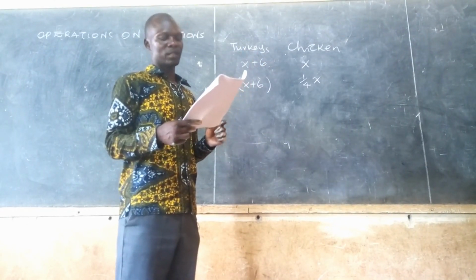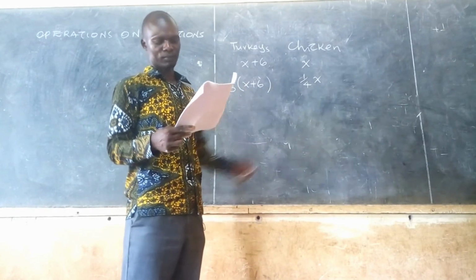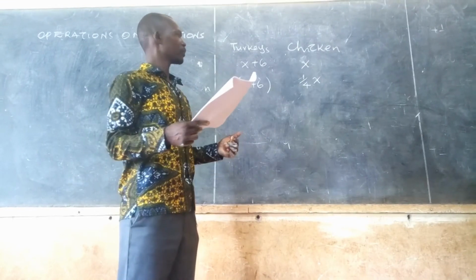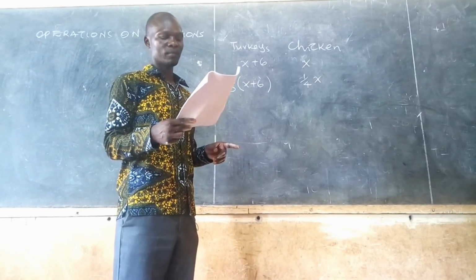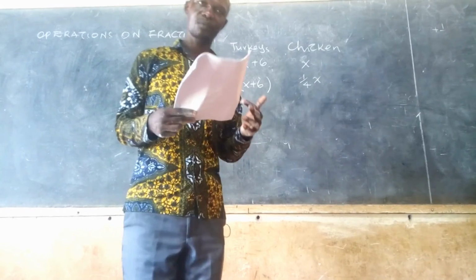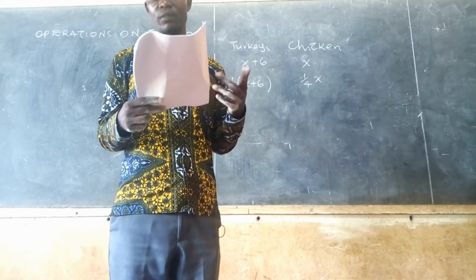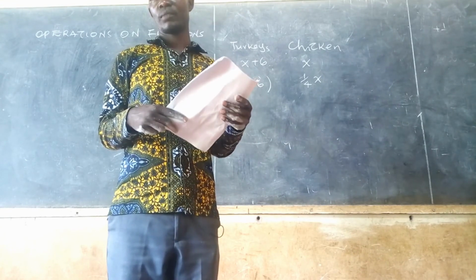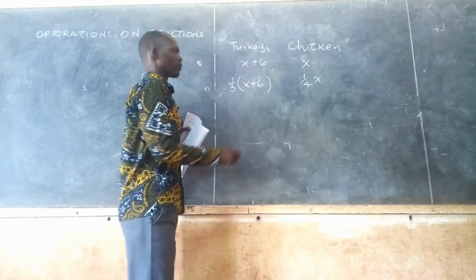During an outbreak of a disease, a quarter of the chickens and a third of the turkeys, a third into X plus 6, died. If he lost a total of 30 birds, what does the word total mean? Addition again. If he lost a total of 30, so how do we go about it?